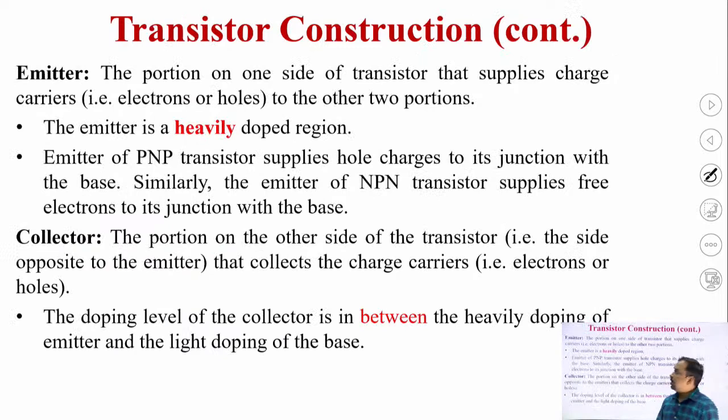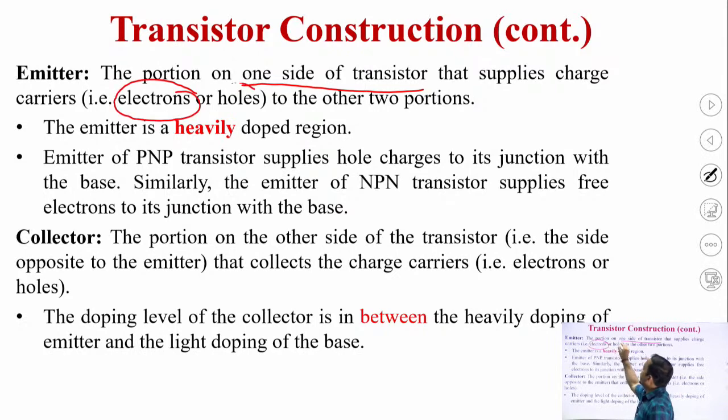The emitter is the first portion of the transistor, the side that supplies the majority charge carriers, like electrons or holes. If the material is N type, it will supply electrons. If the material is P type, it will supply holes.